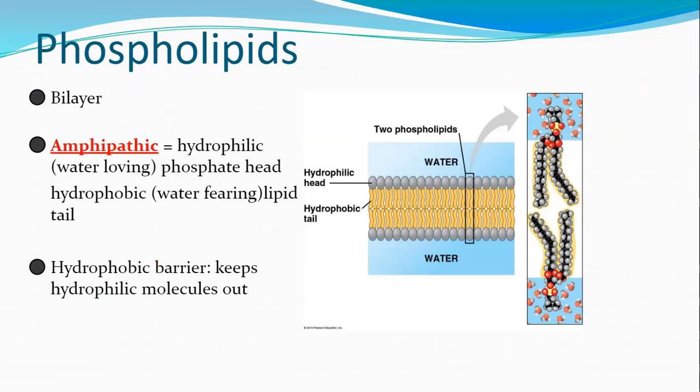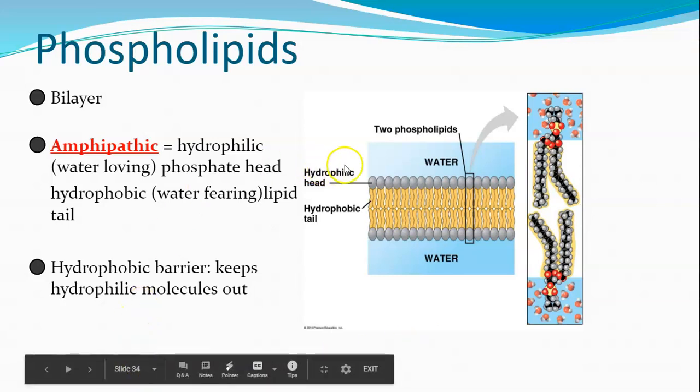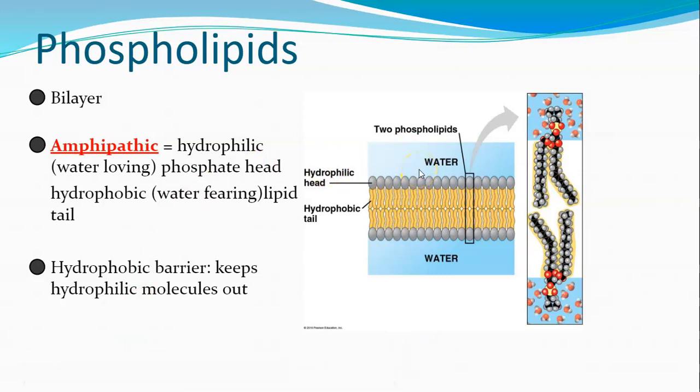In terms of the bilayer, it is a bilayer, meaning that it has two layers, and you can see it's made of two rows of phospholipids, making it amphipathic. That's a super fancy word for meaning that it has a hydrophilic portion and a hydrophobic portion.